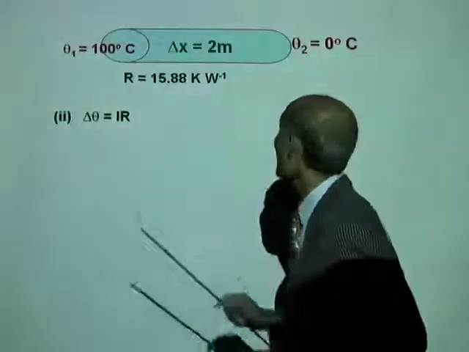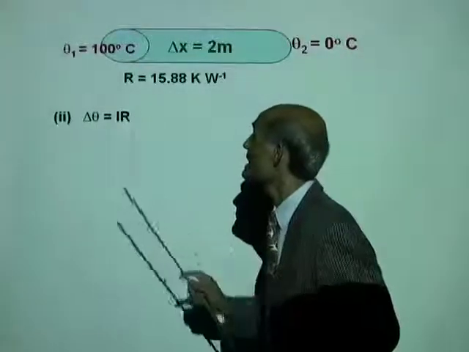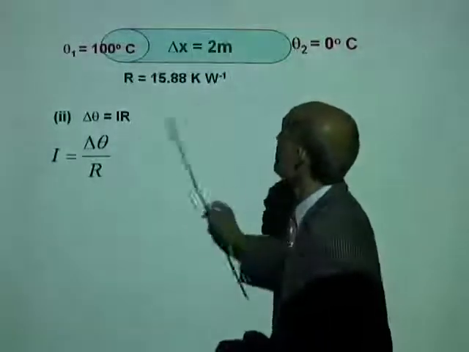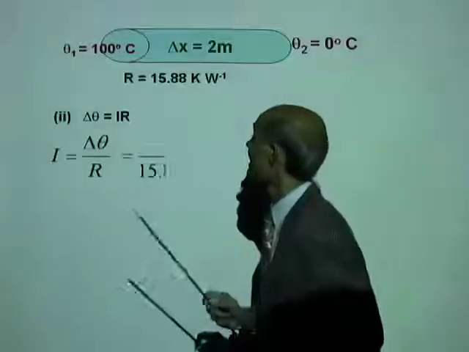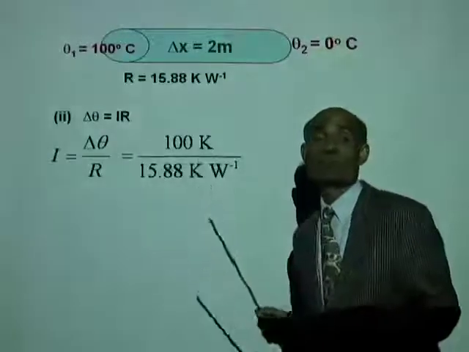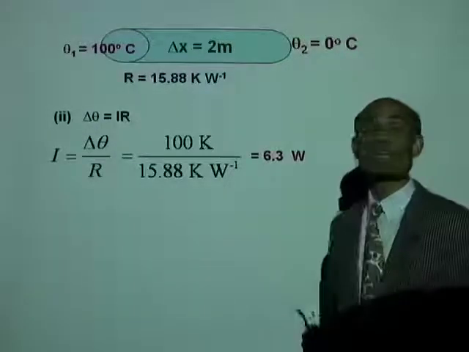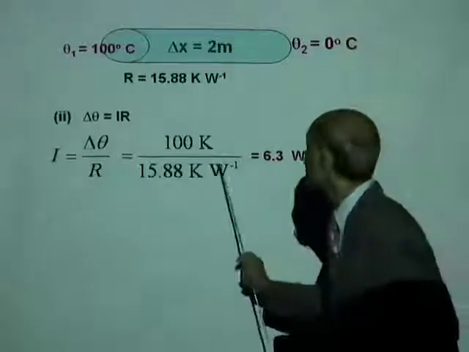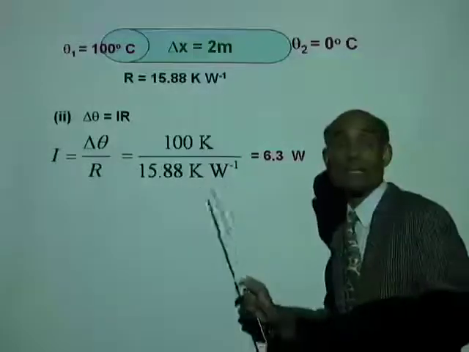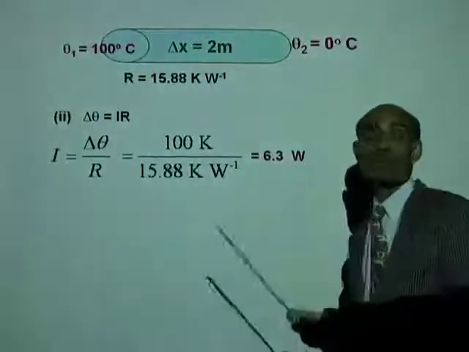Therefore, I equals delta theta divided by R. Delta theta is 100 minus 0, and R we just calculated. So the thermal current is 100 Kelvin divided by 15.88 Kelvin per watt. Kelvin and Kelvin cancel, watt will go up, so you can see the thermal current is 6.3 watt.